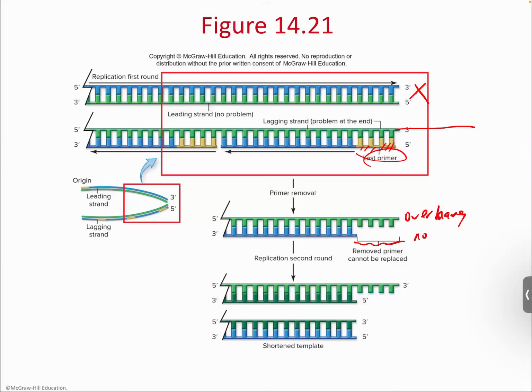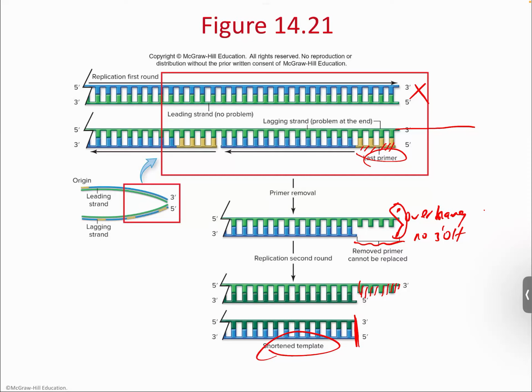You don't have a 3' OH to fill that in, right? Why? Because there's no DNA out here. You're at the end, so you don't have anywhere to put an OH. So what happens? That single-stranded piece gets chewed up. Basically, this will get chewed up by exonucleases, and you've got a shorter template after.